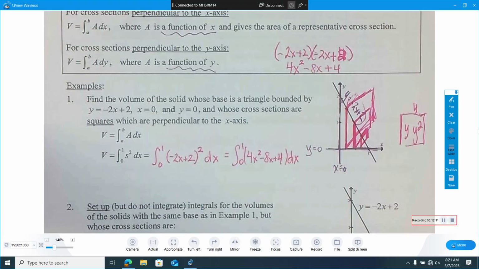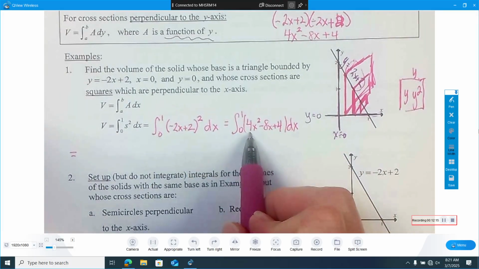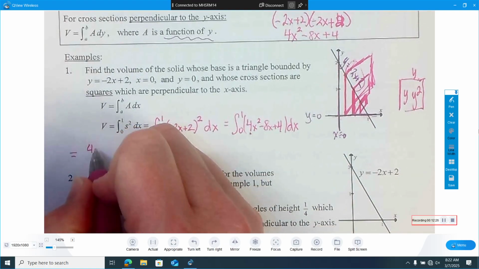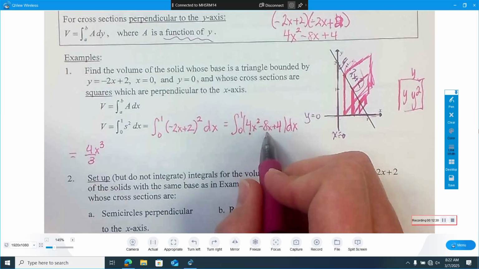All right, so we can go ahead and integrate that. Antiderivative of 4x squared: good, 4x cubed divided by 3. Negative 8x, antiderivative.